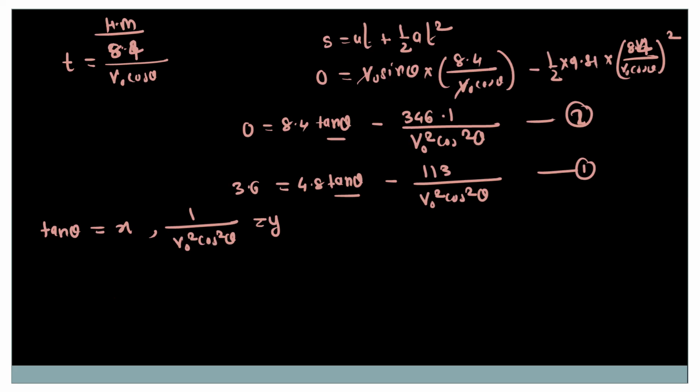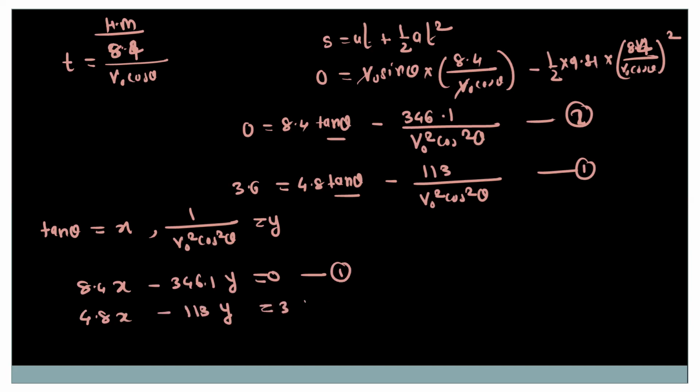So write this equation. So first equation is 8.4x minus 346.1 into y equal to 0. And second equation is 4.8x minus 113y. This is equal to 3.6. So this is second equation. Okay. So solve this in equation mode.